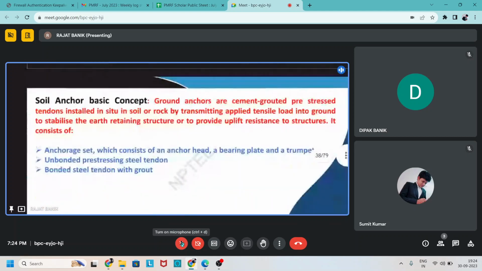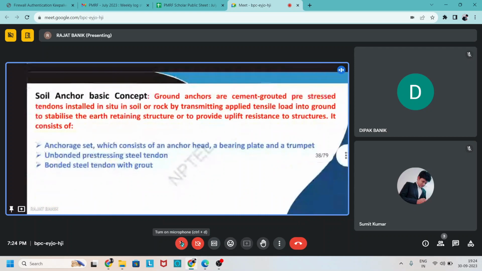Now we discuss the soil anchor, which is most commonly similar to soil nailing.